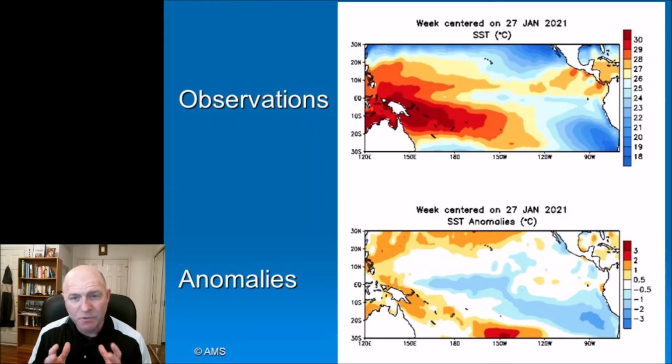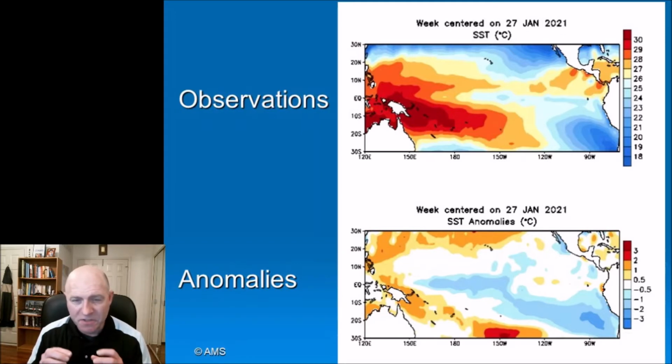So that's the observations. But then for that very same time, you look at the bottom graphic. It's the same time and the same domain, the same physical space. But we look at how those current readings are different than the long-term mean or the long-term average.